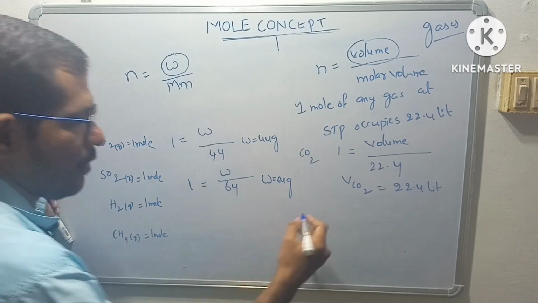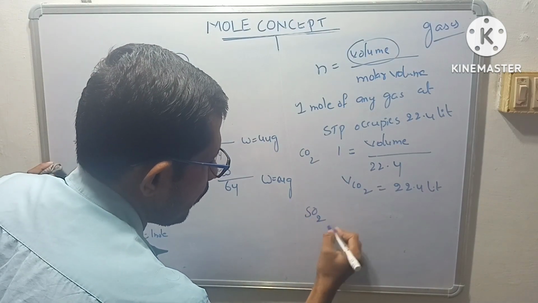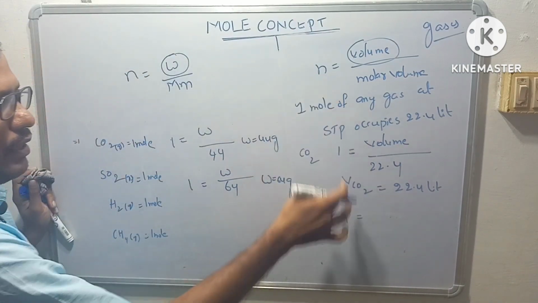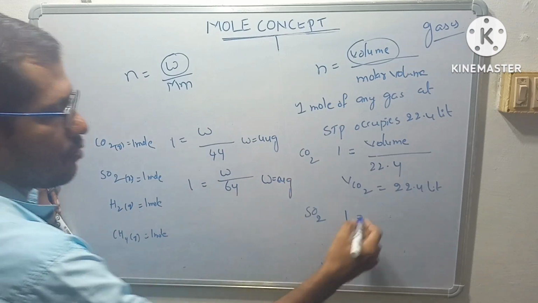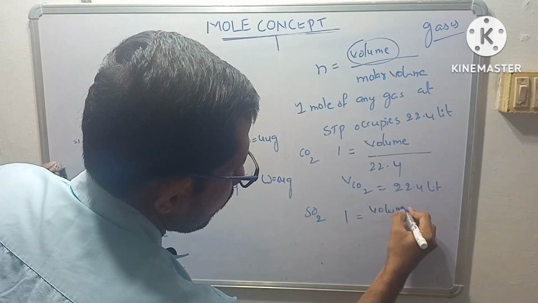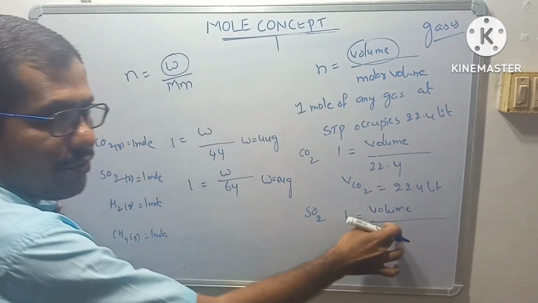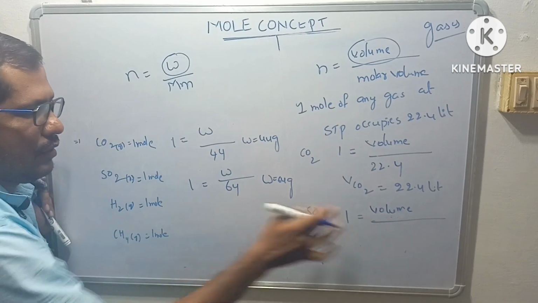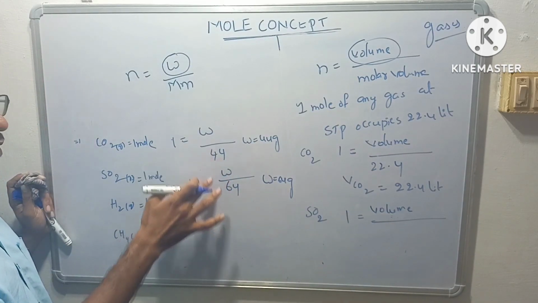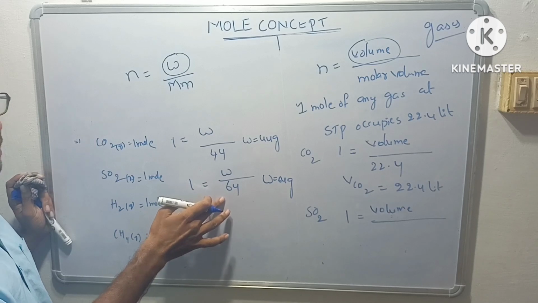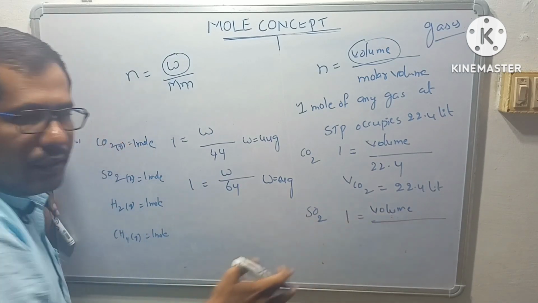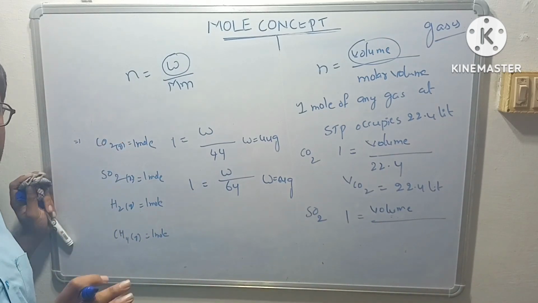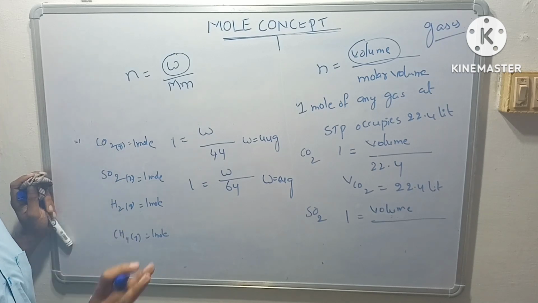Now I will calculate for the SO2 molecule. Moles 1 is given, so volume I need to find. For CO2 you have written 44, for SO2 you have written 64. What are you going to write here? What I told you: 1 mole of any gas at STP occupies 22.4 liters only.